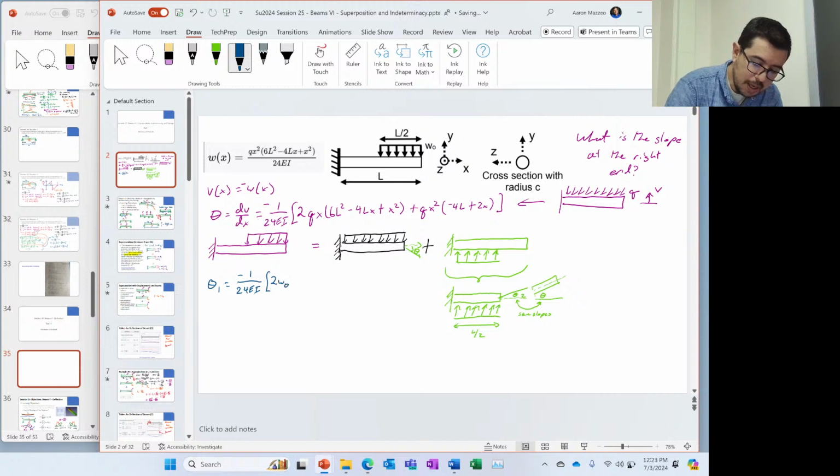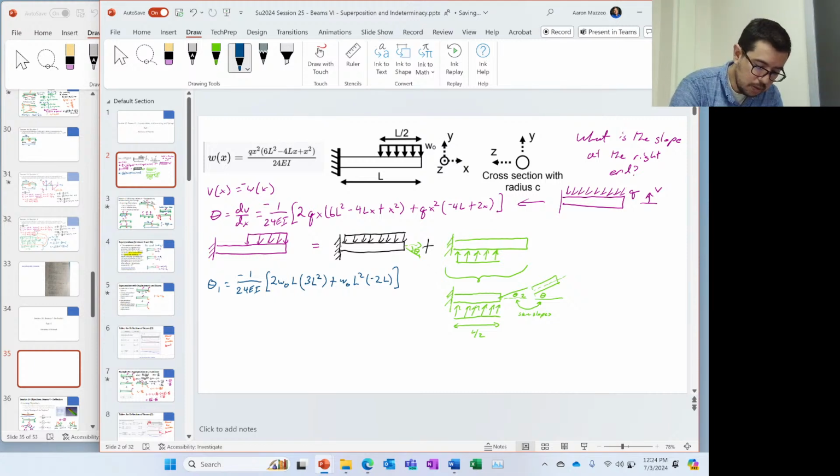W naught, and I'm at L, and then we do 6L squared minus 4L squared plus L squared. So that's just going to be 3L squared.